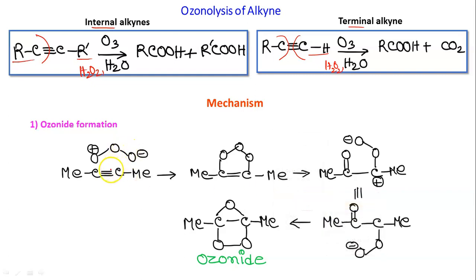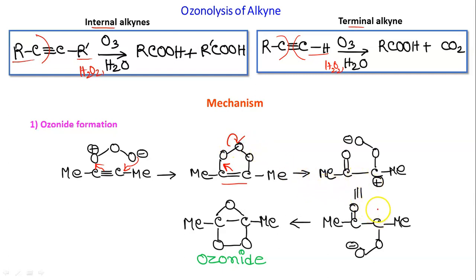Here a similar type of attack will take place, but see, here we have two bonds between C and C, unlike in the case of alkene where there is only one bond. Next, the CC bond will be broken, and the OO bond will also be broken.